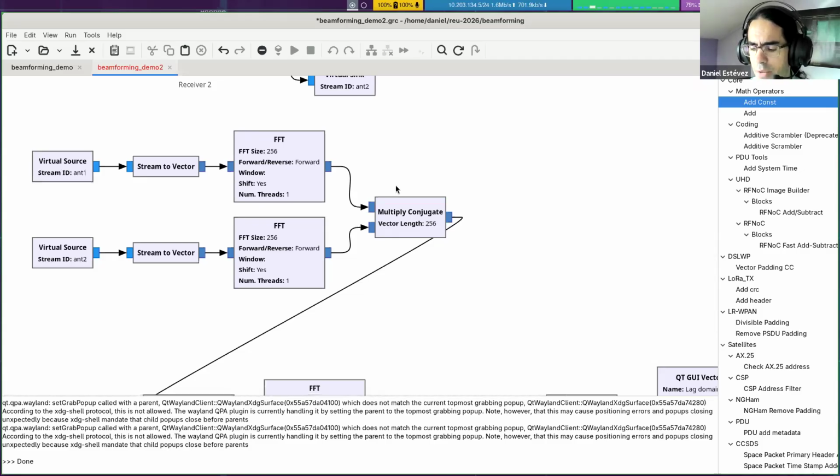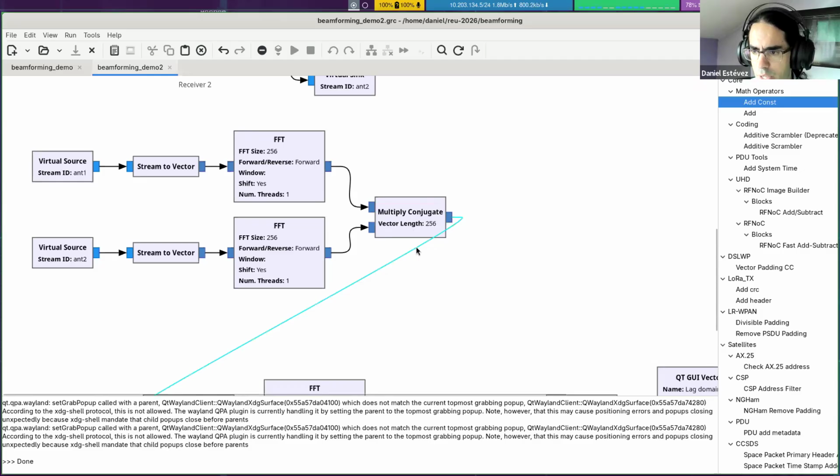And if you think about the complex multiplication of two complex numbers, let's say z times w conjugate, then if you think about that in polar notation for complex numbers, the amplitudes are going to multiply. We don't care so much about that, but the phases of the complex numbers I'm going to subtract. And that is what's interesting here, because this multiply conjugate operation is essentially extracting for us the phase differences between the two receivers. And because we have done an FFT, we are doing that in the frequency domain actually.